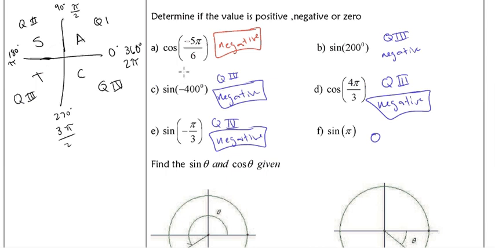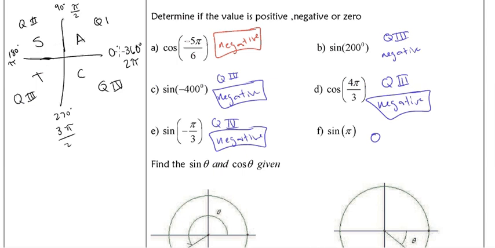And let me comment on this real fast. Let's go to B here, where it's 200 degrees. Actually, let's do cosine of negative 5 pi over 6. That got us into quadrant 3, which is also quadrant 3.